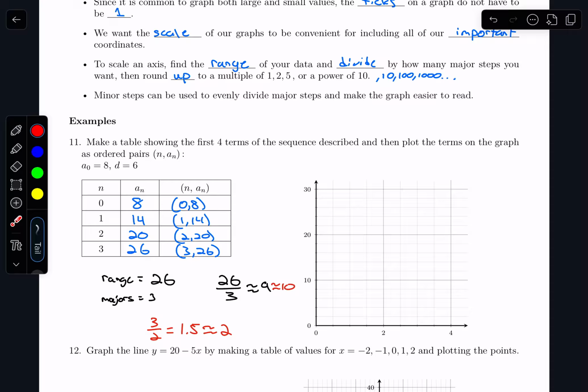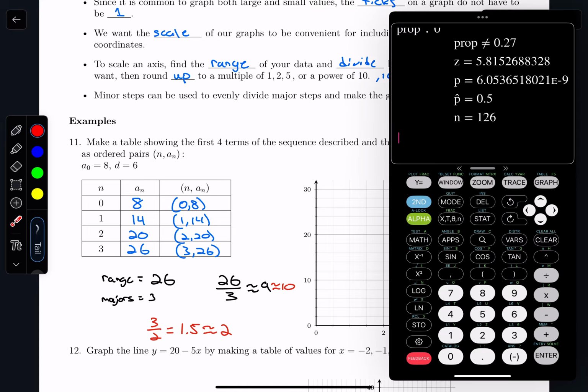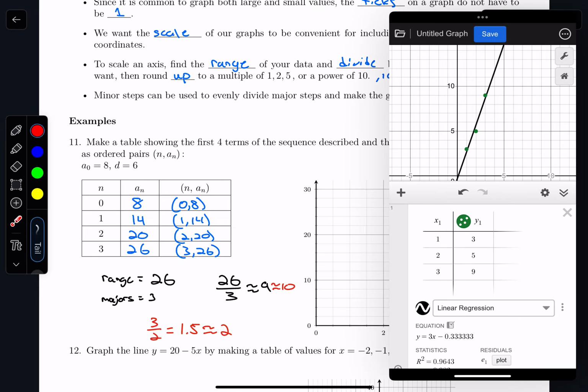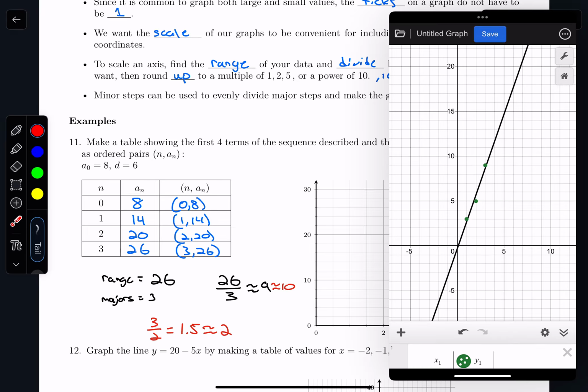You're allowed to use whichever scale you want as long as you fit your data. These are just guidelines. In this class, I'm going to be giving you the graphs already labeled like this with these scales here. Because what normally happens in real life these days is when you pull up a graphing calculator, see how it already has the tick marks labeled 5, 10, 15, 20 in those directions?